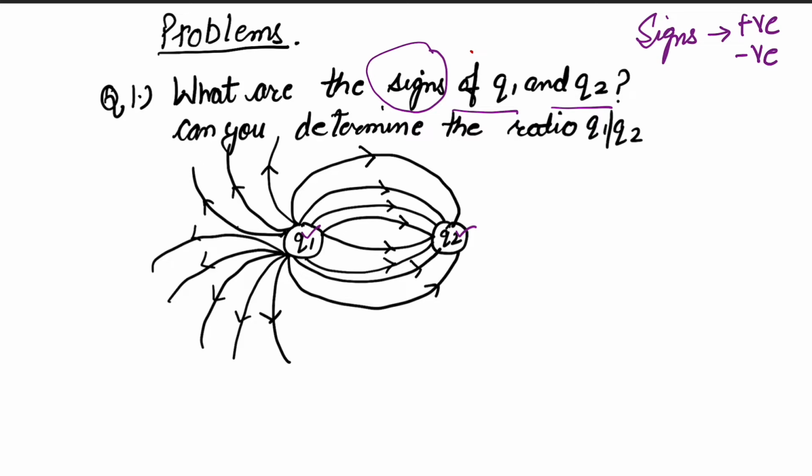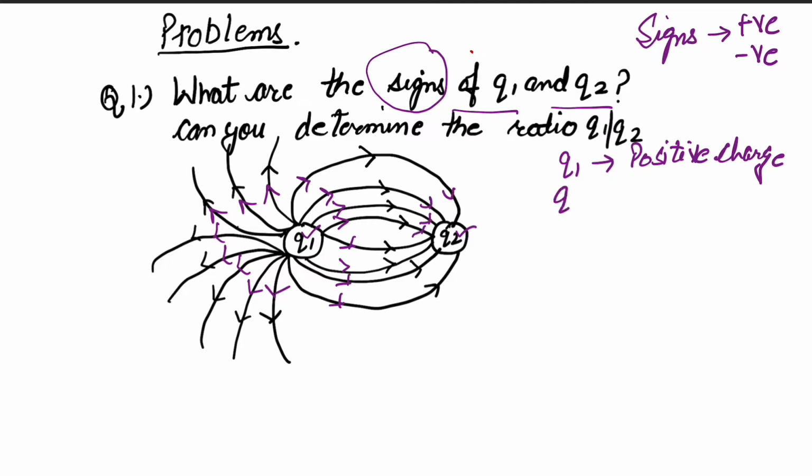We know that electric field lines move away outward from the positive charge. So if you look at the Q1, all the lines are moving outward from the Q1 charge. It means that Q1 is a positive charge. If you look at the second charge, that is Q2, the lines are moving inward toward the Q2.